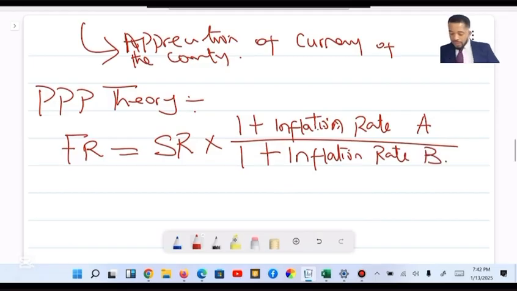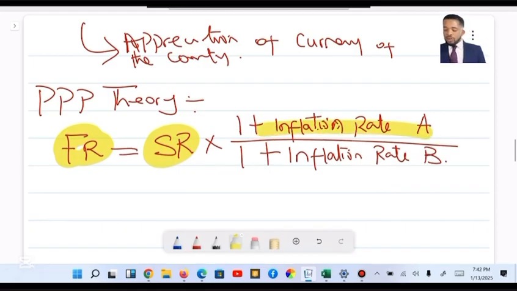So we are saying this is our forward rate sometime in the future. Spot rate is the current rate now. So if I get the inflation rate in country A, get the inflation rate in country B, and I know their current spot rate now, I should be able to predict what their forward rate is going to be using this purchasing power theory.